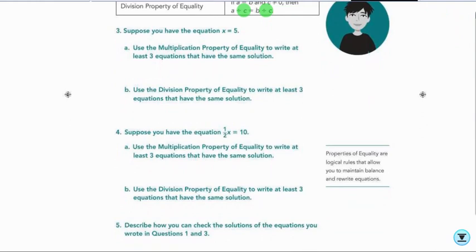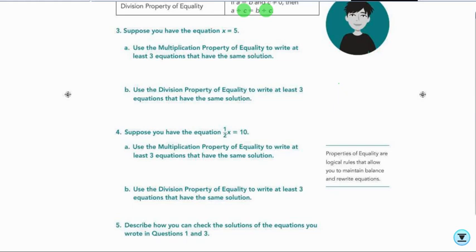So question 3 says, suppose you have the equation x equals 5. Use the multiplication property of equality to write at least 3 equations that have the same solution.